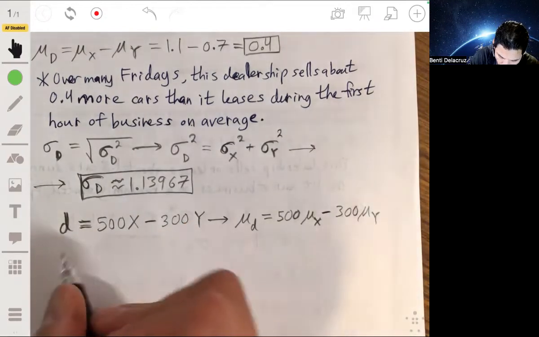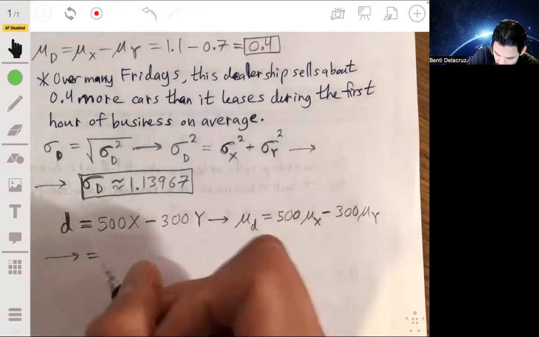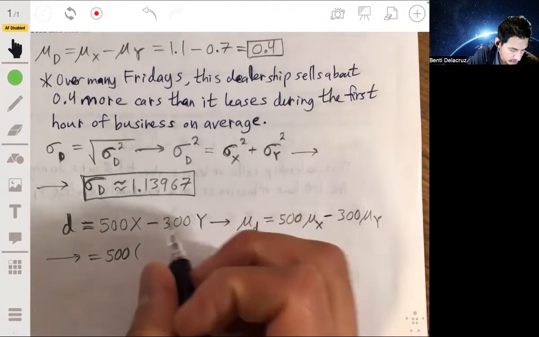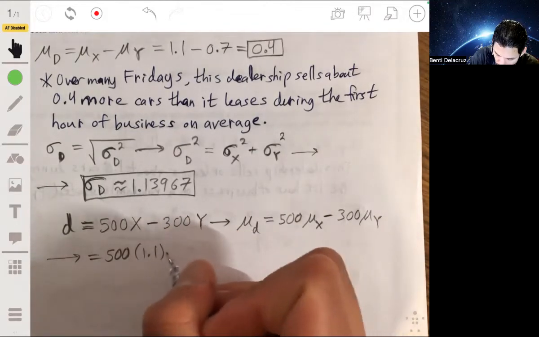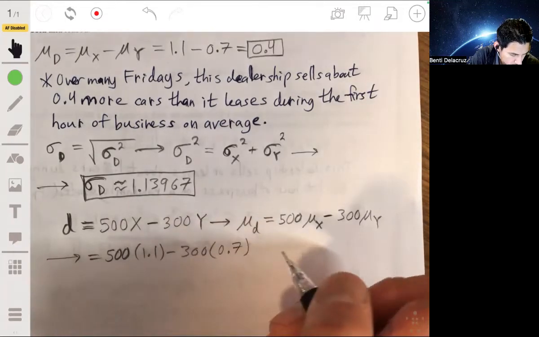And so again, using this, we'll get the mean of D is 500 times the mean of X, which is 1.1, minus 300 times the mean of Y, which is 0.7.